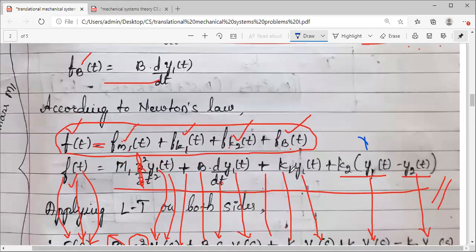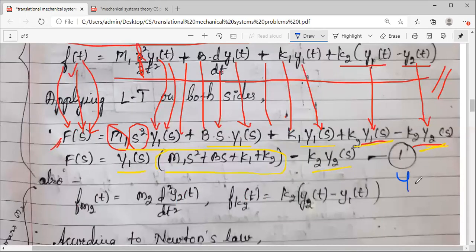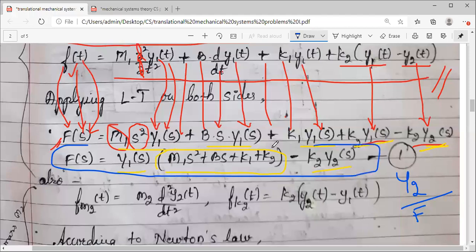So you should get Y2 by F. If you observe this equation, it has F, it has Y2, but here Y1 is a term which we have to remove.